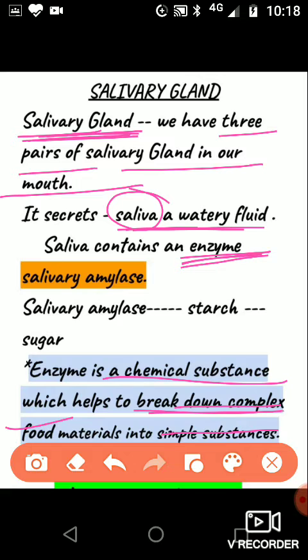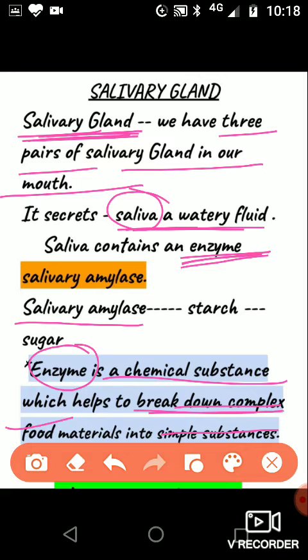I told you, whatever food we eat is very complex, like starch, vitamins and fat. So these enzymes act as catalysts and help break down all these food materials into simple soluble form. The salivary gland also releases a certain kind of enzyme which is called salivary amylase.